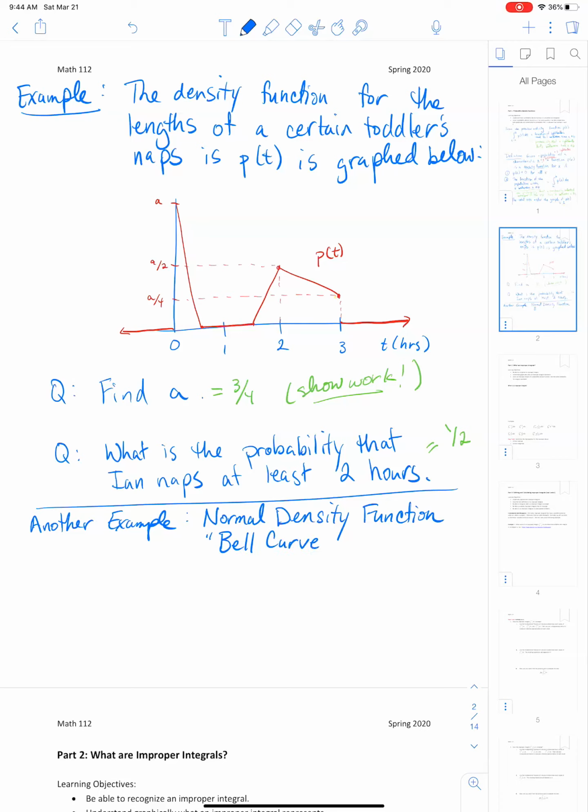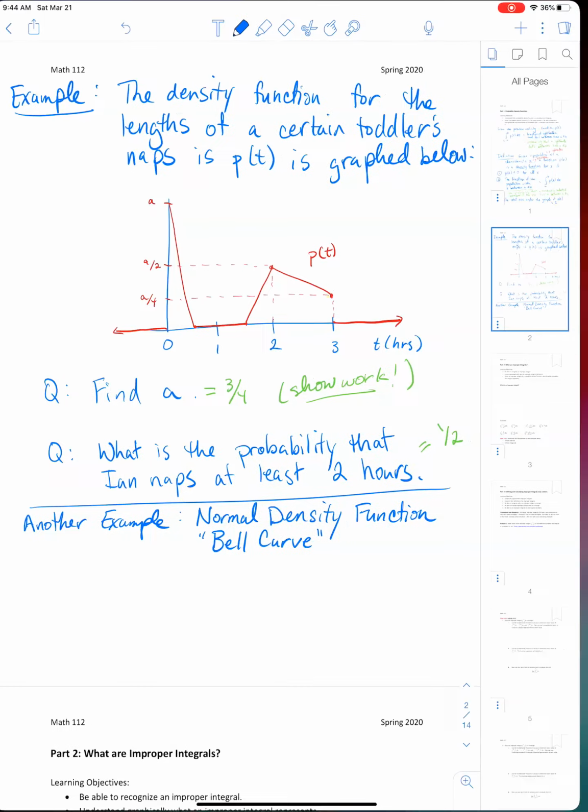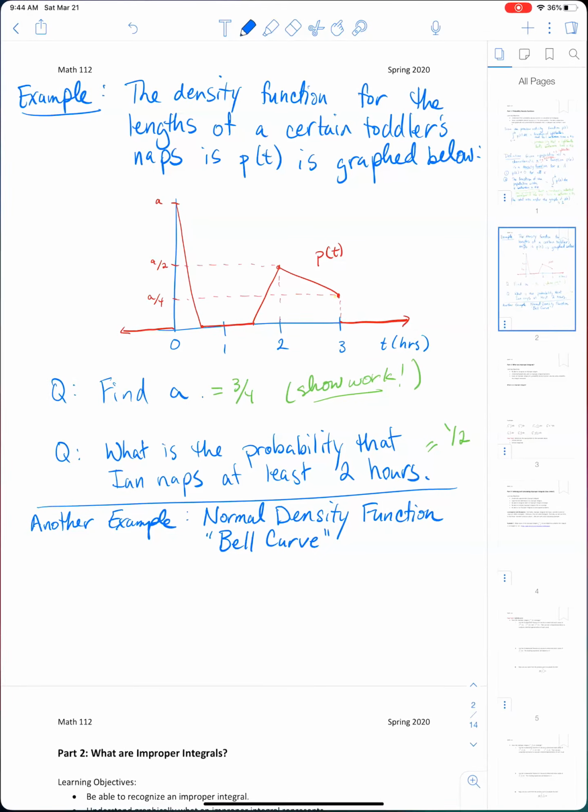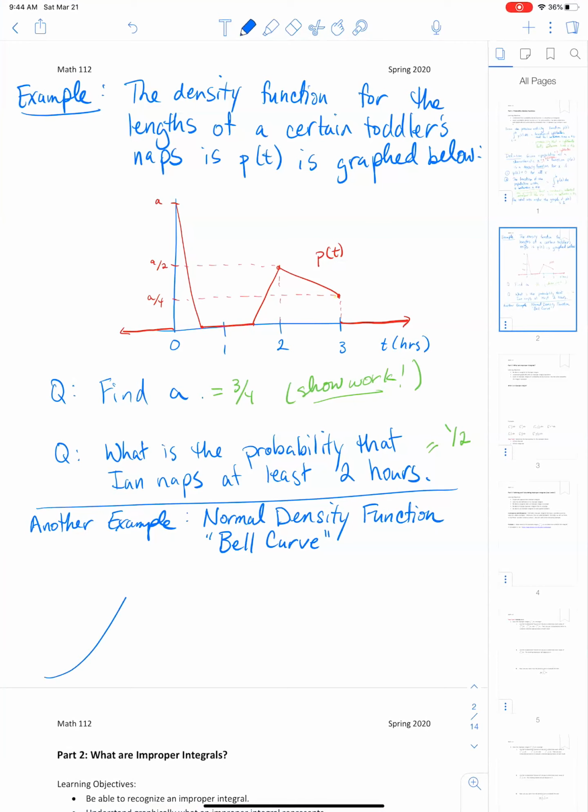So that's what you sometimes hear referred to as a bell curve. And of course, it looks like a bell. So let me go ahead and try to sketch out what a normal density function looks like. Something like this. Okay, and I don't have room to write below the line, so I'm going to go ahead and write it above the line.